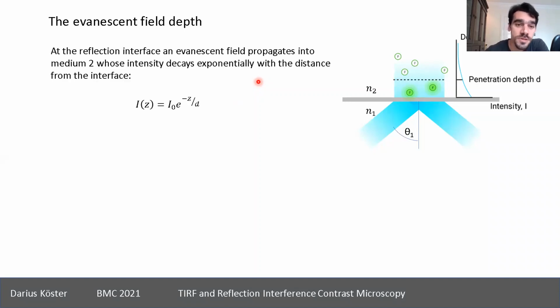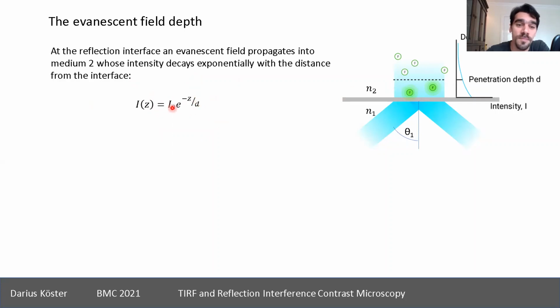So just to give you a bit of the theoretical basics for that, I will not derive it. You can do this, but for me it's quite a while ago, the last time I did this. But if you look at the electromagnetic field and how it interacts with the interface, you can even derive how the field would look like and how the exponential decay is. That's how the intensity field can be described.